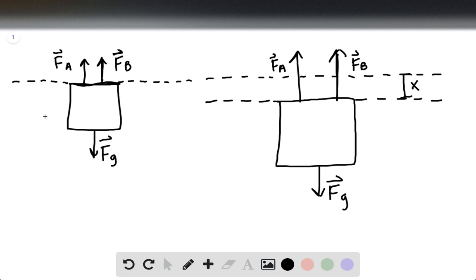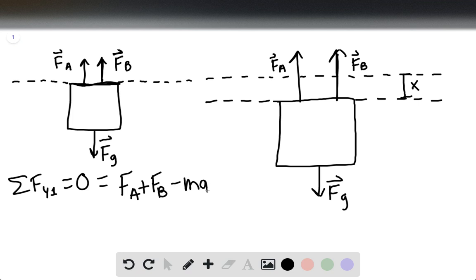So let's evaluate at equilibrium first. So we have sigma F of y1 is going to be equal to 0 newtons. So 1 just denotes this equilibrium. And this is going to be F of A plus F of B minus mg.